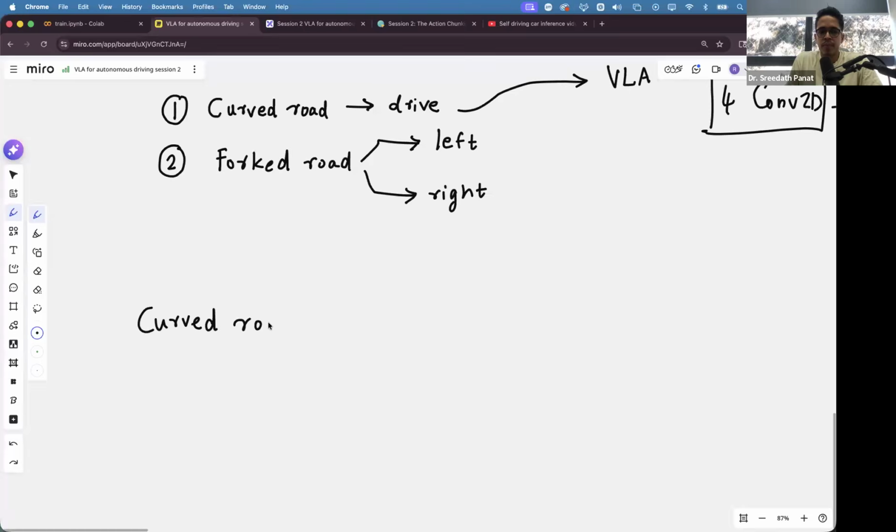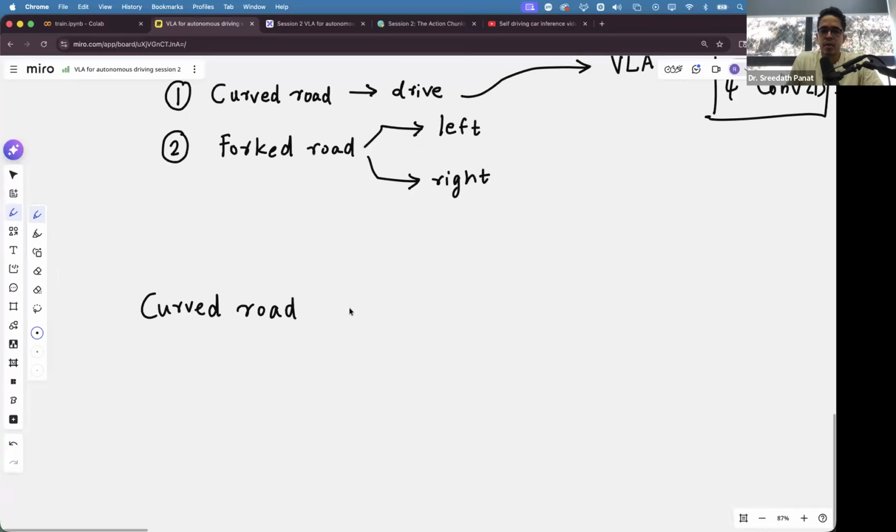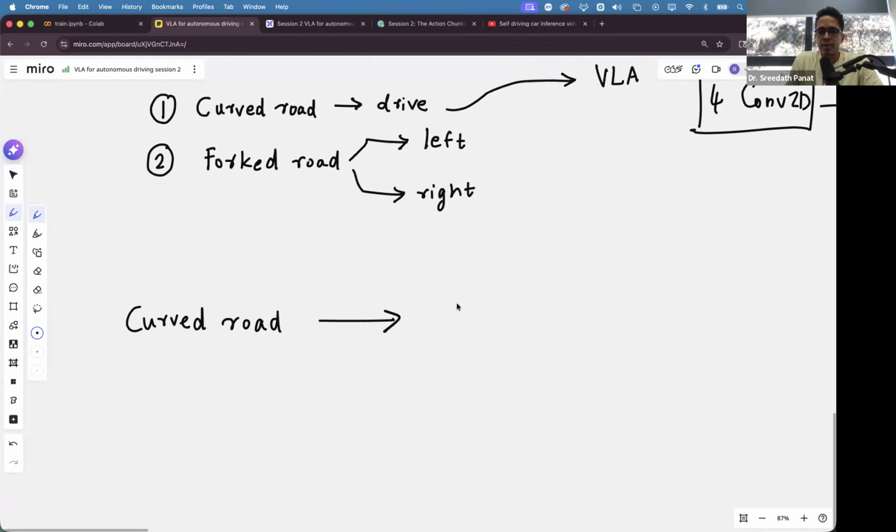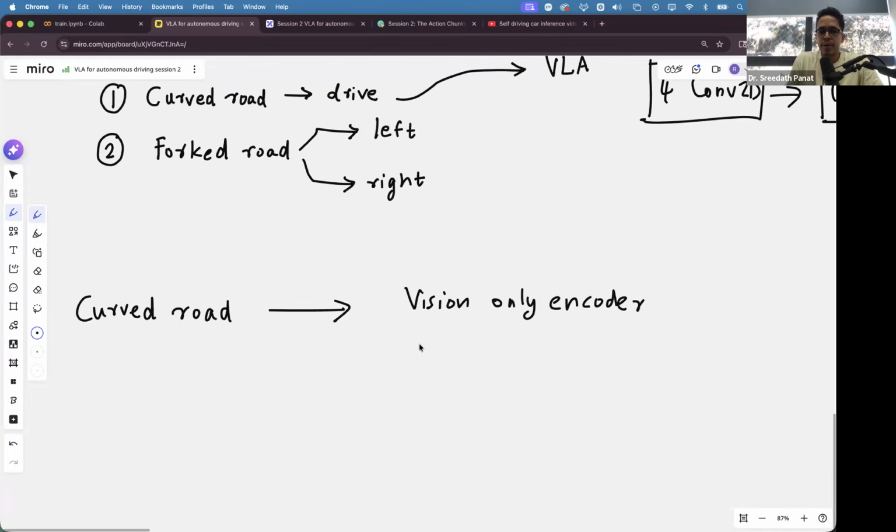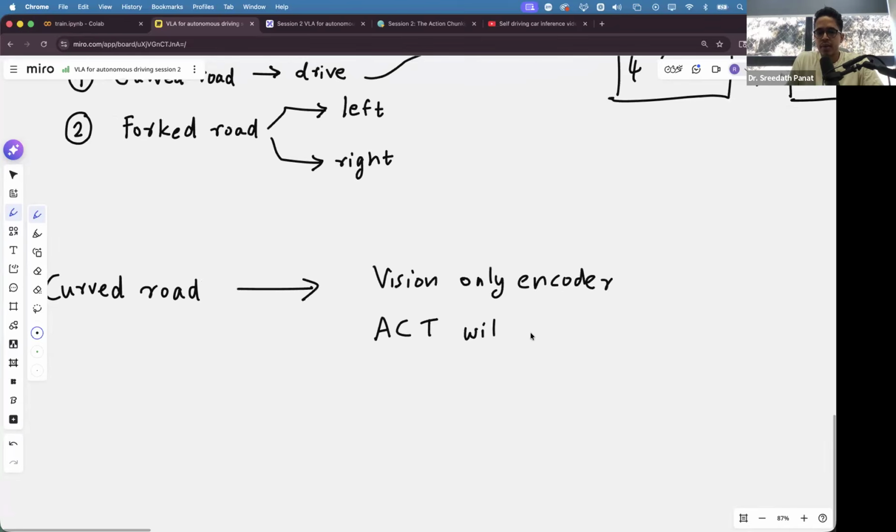We'll do one experiment. In curved road, we can just use a vision only encoder, which is like a CNN. We could use ACT, action chunking transformer, without something called a conditional variational autoencoder. I will tell you what this is and why this is needed, but just bear with me for a moment.